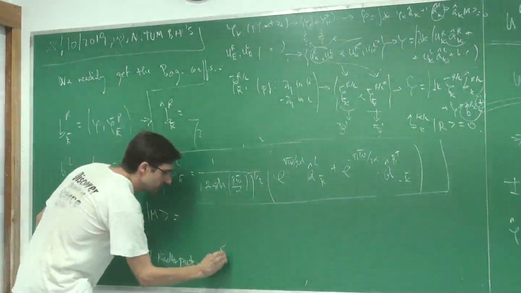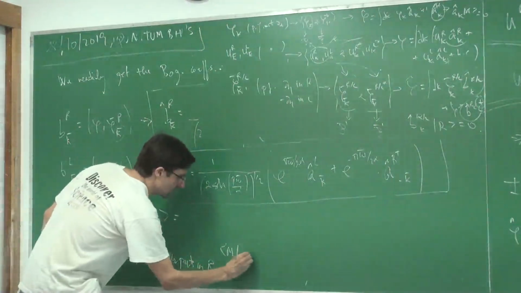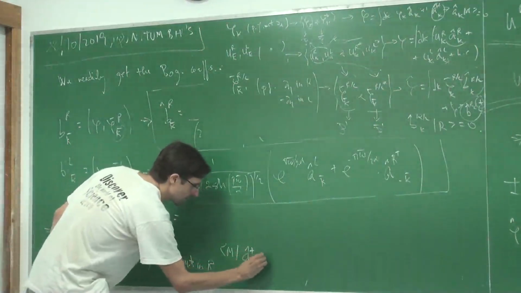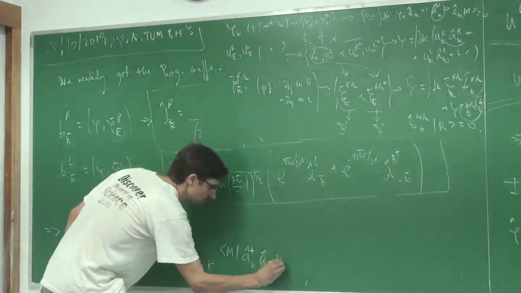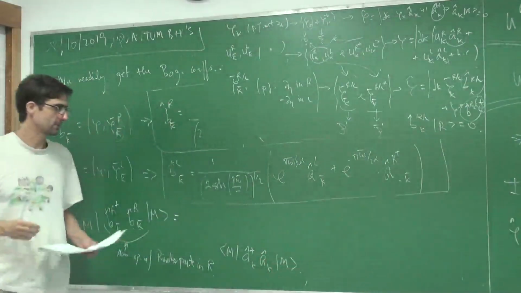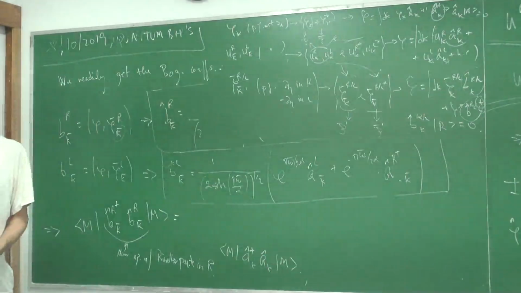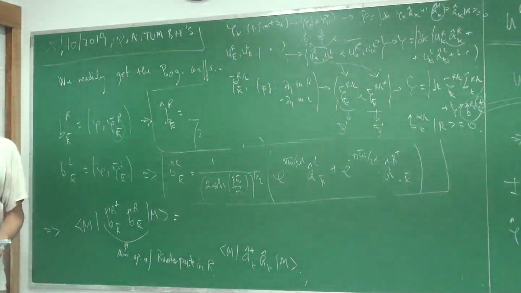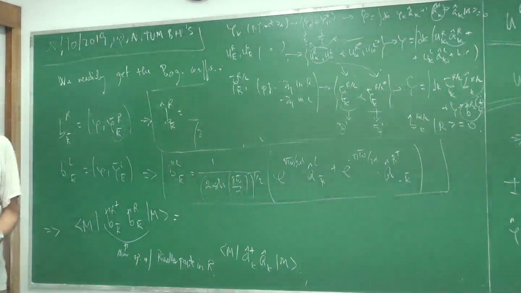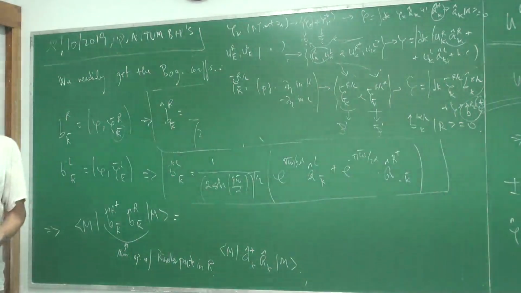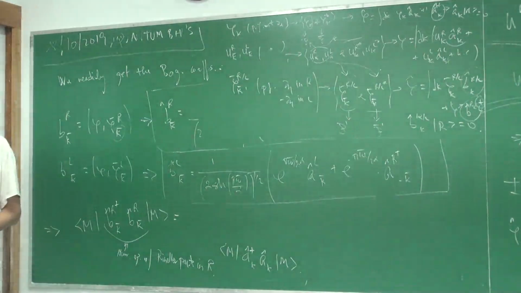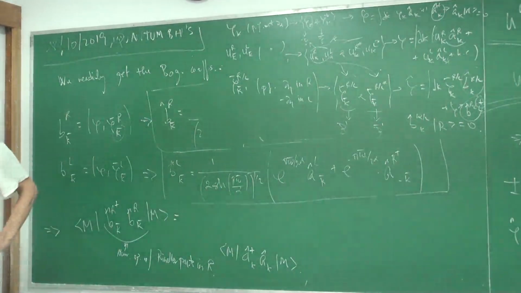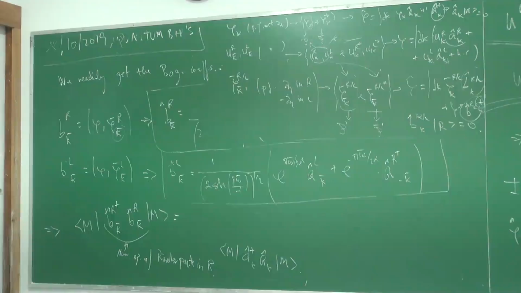What if I calculate this? What is this equal to? It's only 0, isn't it? Why? Because creation and annihilation operators are associated with the Minkowski. Exactly.